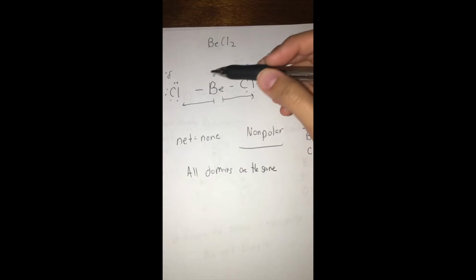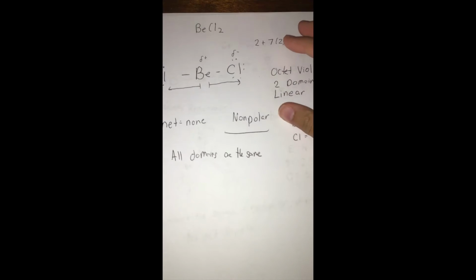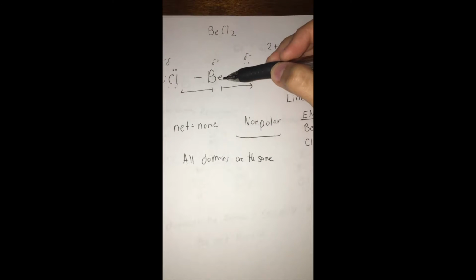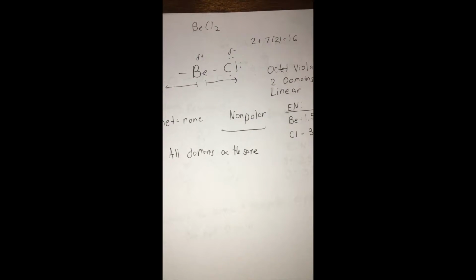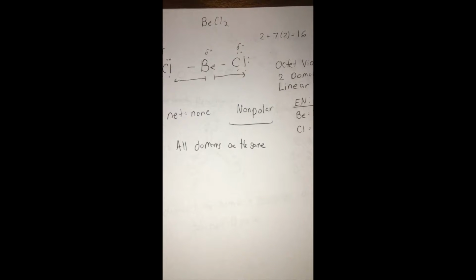And there's only 2 bonds, which make 4 electrons. So beryllium doesn't have a full octet. However, it's one of the elements in the periodic table that is able to violate the octet because of the low number of electrons. So it's going to be an octet violator, and there's 2 domains, 2 bonds, which make it linear, both molecular and domain geometry.